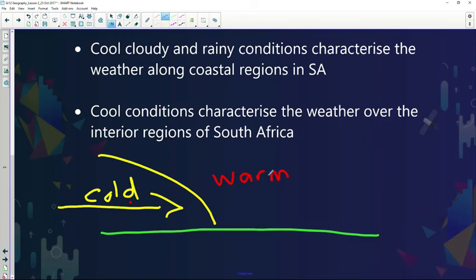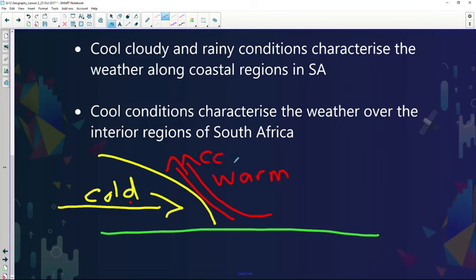Now in grade 10, you learned, as this cold air approaches, what does it do with the warm air? It forces the warm air to rise, because cold air is much heavier and denser than warm air. So what does the cold air do? As it approaches, it pushes all the warm air up. What happens with the warm air?